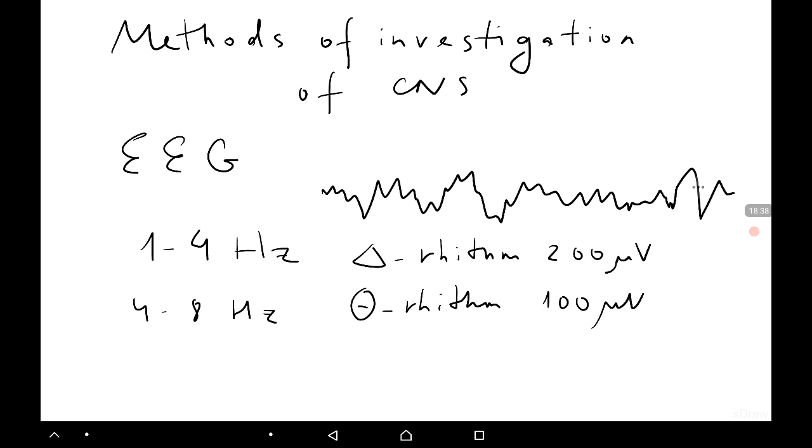Theta rhythm is the rhythm of emotional stress. The person is under the stress. Next rhythm is alpha rhythm, from 8 to 12 Hertz. Alpha rhythm is lower amplitude.